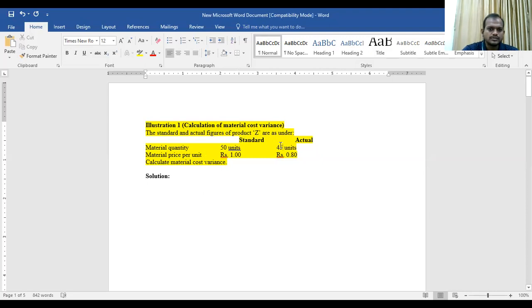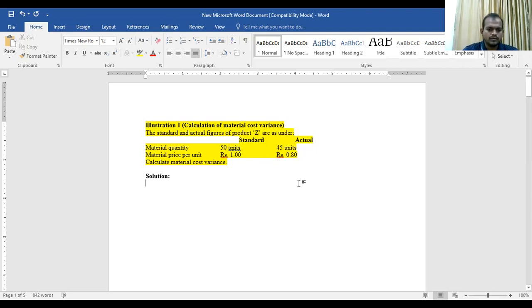Standards, actuals: material quantity 50 units standard and 45 units actual. Material price per unit 1 rupee standard price and 0.80 actual price. Calculate material cost variances.